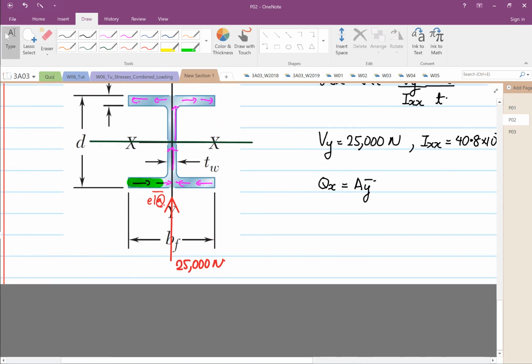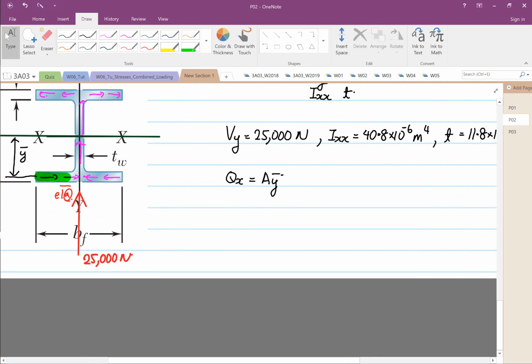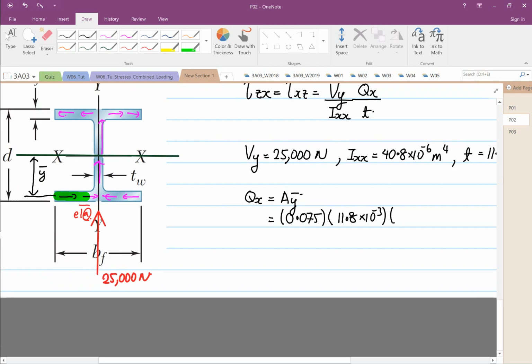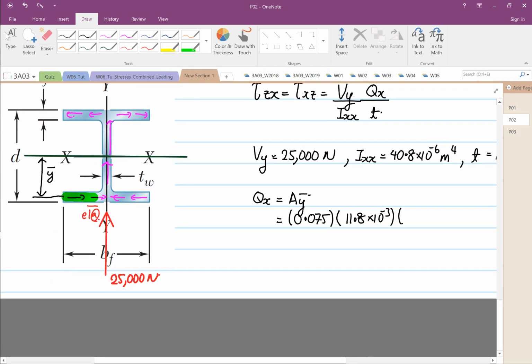The y bar is the distance from here to here. So that is our y bar. The area is equal to the width, 0.075 multiplied by the thickness, 11.8 times 10 to the power minus 3, and then we have to get y bar.